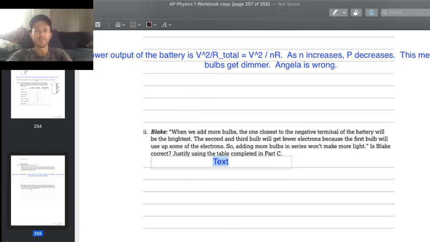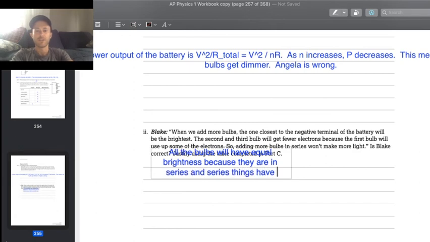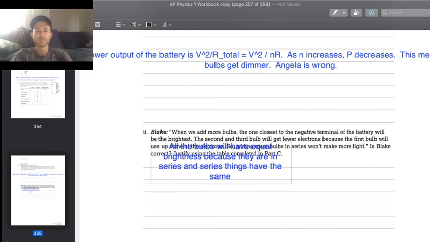Here's what I would say. All the bulbs will have equal brightness because they are in series, and series things have the same current.